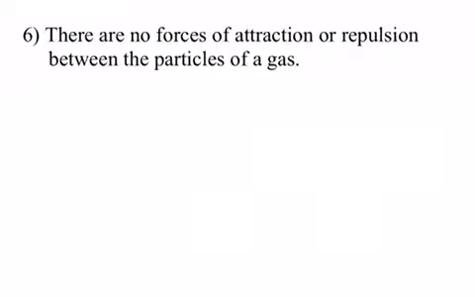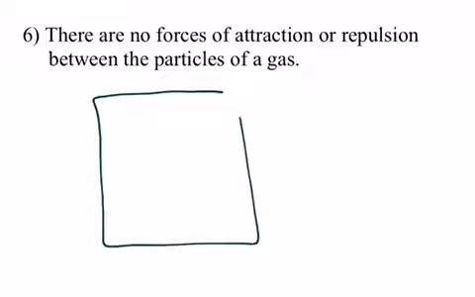Now, here is one more thing we're going to talk about in this assumption. It says here that there are no forces of attraction or repulsion between the particles of a gas. This is not totally true. Okay? When we saw earlier a solid, the particles in a solid, they're very close to each other. When you look at a gas, the particles of a gas, they're very far apart from each other.